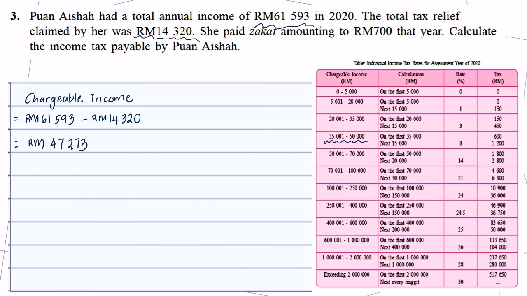Now we calculate the tax on the first 35,000 is 600. So we just write down. After we find the tax on the first 35,000 from the table, we need to find the tax on the next balance.